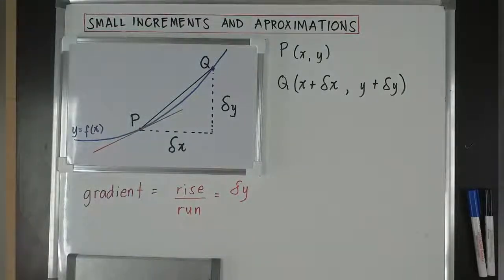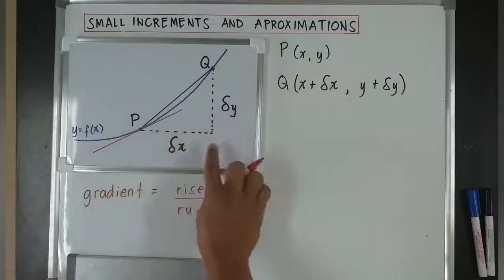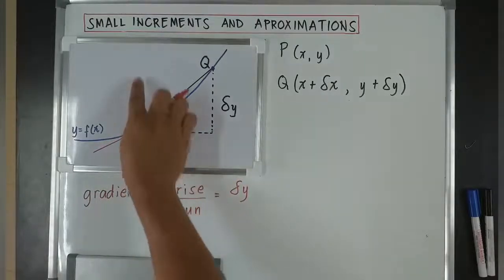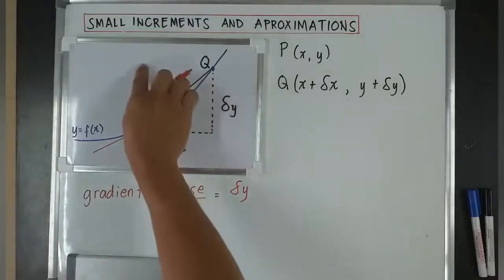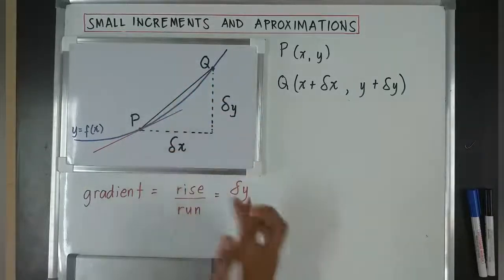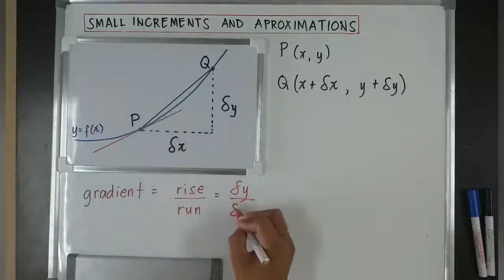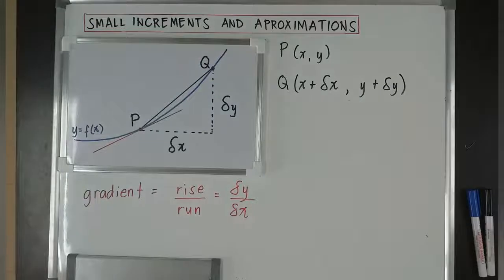And your run, you rise and then you run, from here to this will be also a small increment of x, or a small increase in the value of the x. So this is the gradient of PQ, or the chord PQ in this certain graph.